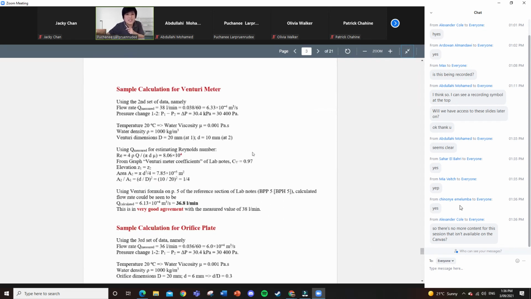So you can see here is the sample calculation for the venturi meter and orifice rate. So you can see this part. You compare the calculation for the flow rate with the flow rate from the measurement, and for this one, it is very good agreement if the difference between the flow rate calculation and the flow rate from the measurement is less than 5%.